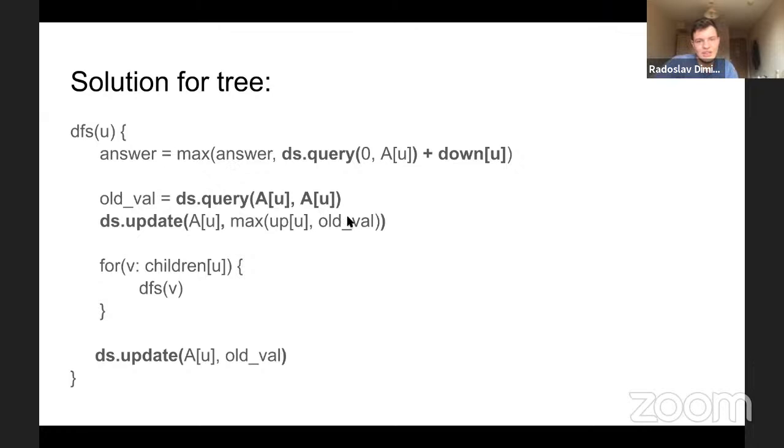But this should give us the value in the leaf for au, because again, ds is a segment tree on the values. So we compute the old value and keep it in some variable in this vertex.